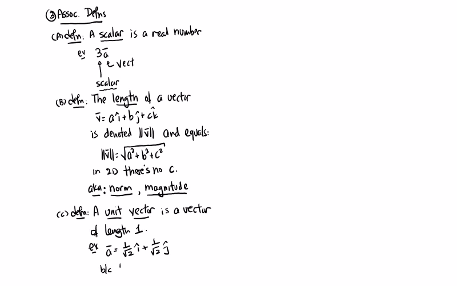This is because the magnitude is the square root of (1 over the square root of 2) squared plus (1 over the square root of 2) squared, which is the square root of a half plus a half, which is 1. So unit vectors are useful. We'll use them a lot.